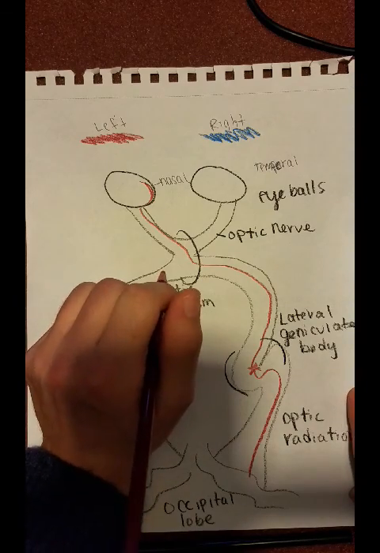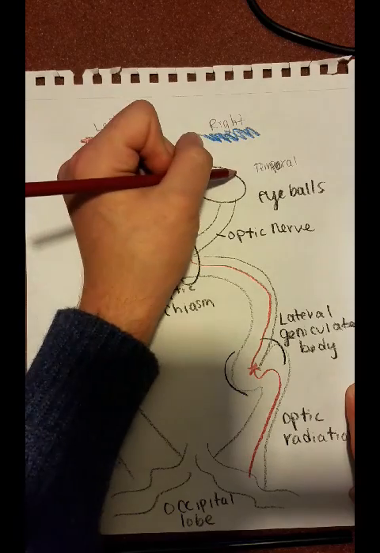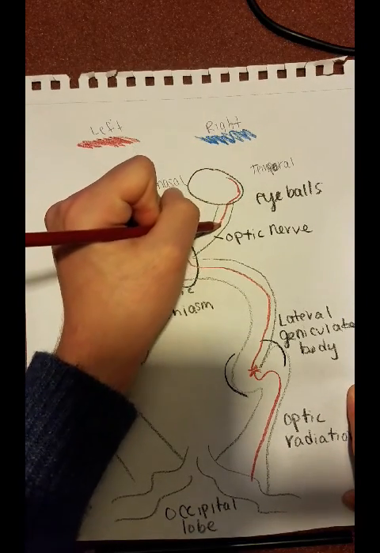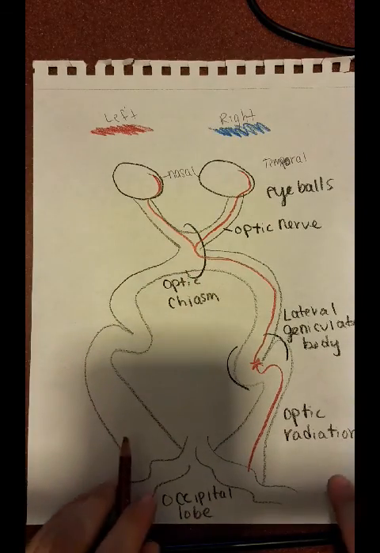And then for the right eyeball, for the left field of vision, it's going to come in on the temporal side, where it will travel down the optic nerve and connect with the rest and go through the same process.